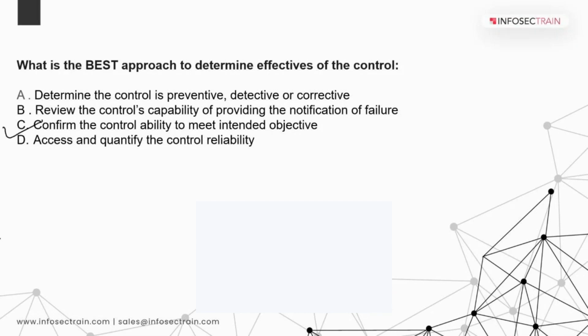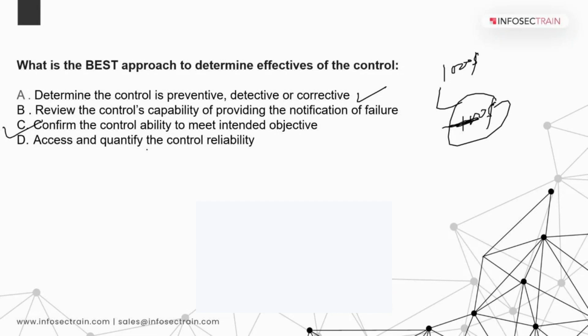So what is the answer, team? Determine preventive, detective control? No. How can you determine? Is it preventive, detective, corrective? It's very difficult to understand what the effect is. So we have some benchmark, right? So benchmark on acceptable level. Initially it is $1,000. After control, $100. So how can you evaluate? If your control is meeting this requirement, that means the control is effective, right?